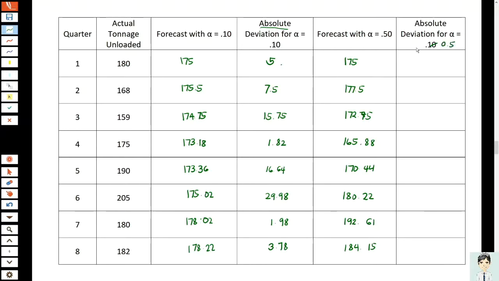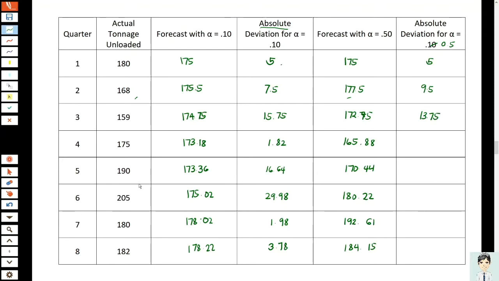Okay po. So, next, absolute deviation, this is 0.5, okay? Absolute deviation for smoothing constant of 0.5. So the same. 180 minus 175, diba? It is 5. So 168 minus 177, so negative yon, negative 9.5, absolute value, it is 9.5. Diba? So 159 minus 172.75, negative pa rin in terms of absolute value, it is 13.5.